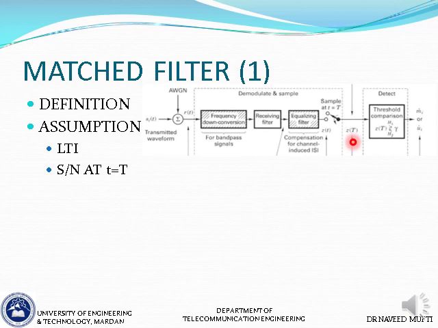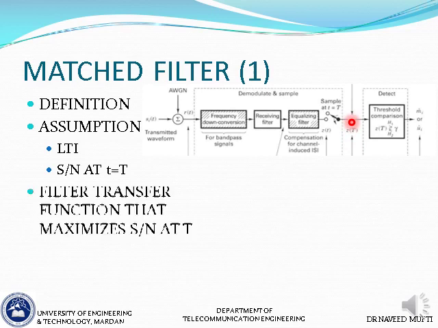In that case the ratio of the instantaneous signal power, the signal power at time t equal to capital T, to the average noise power at the output of the sampler will be given by AI square divided by sigma naught square. So that will be the signal to noise ratio at time t equal to capital T. Now we wish to find the filter transfer function H naught of f which maximizes this signal to noise ratio.